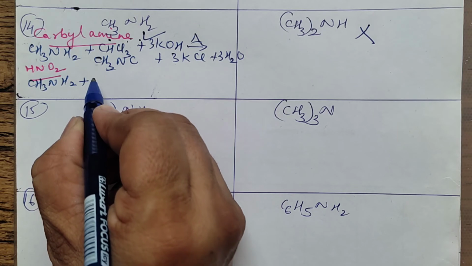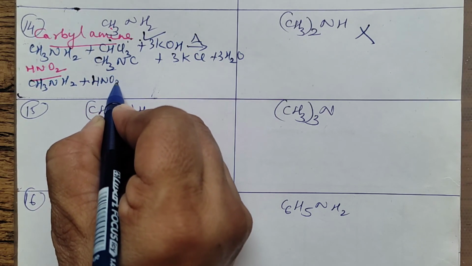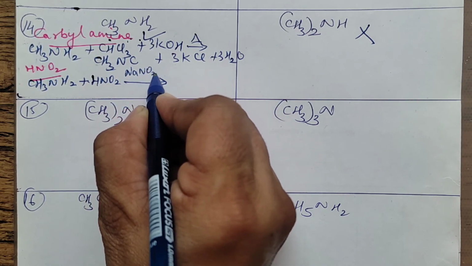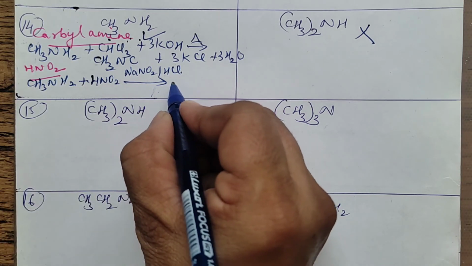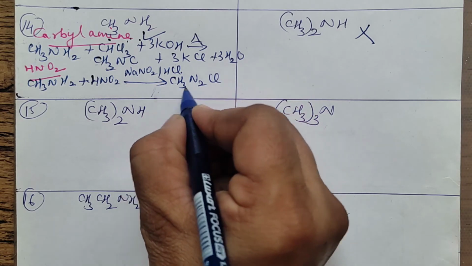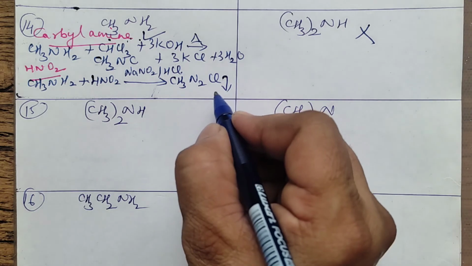But HNO2 directly you cannot take; you are preparing this HNO2 by taking NaNO2 and HCl at quite low temperature. So what you get is CH3N2Cl, methyl diazonium chloride, that is, aliphatic diazonium chloride.